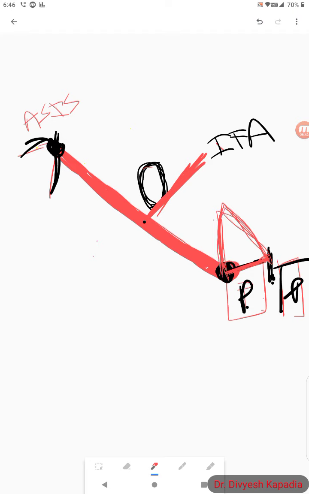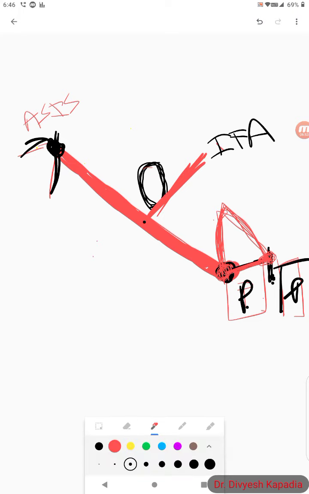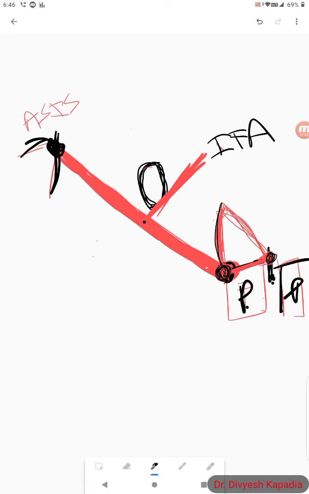It is bounded by two crura: the inferior crus, which is attached to the pubic tubercle, and the superior or medial crus, which is attached to the pubic symphysis. And the apex lies superolaterally. This is the apex where the two crura meet. It is directed upwards and laterally, and it is held together by intercrural fibers.